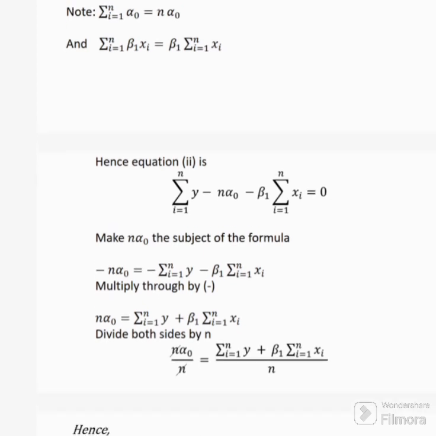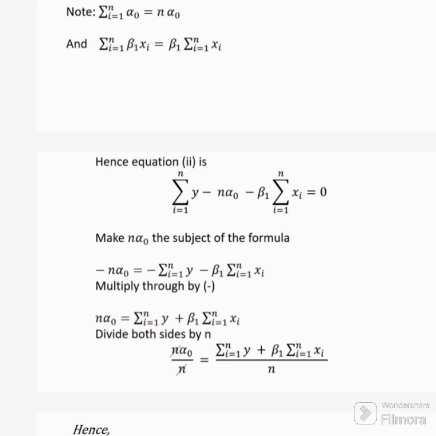Note that anytime we are summing a constant together, that summation will return n according to the rule of summation in statistics.